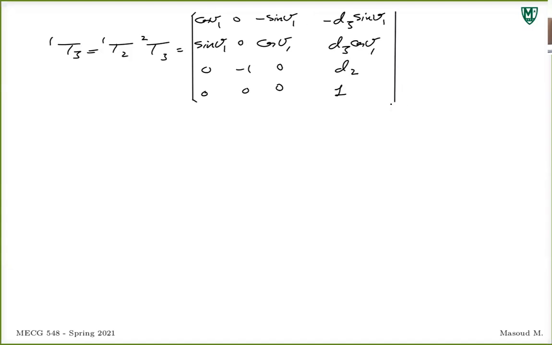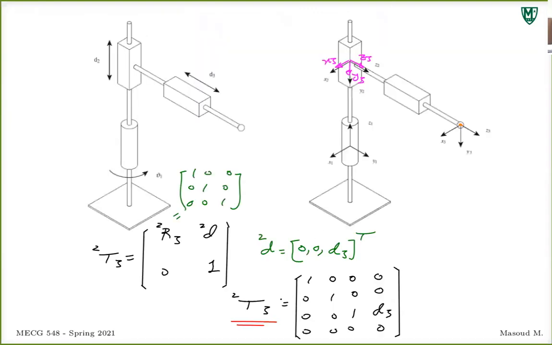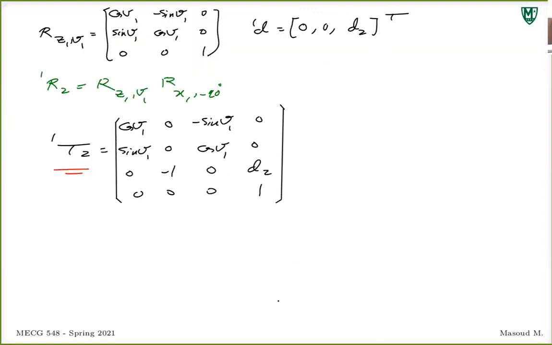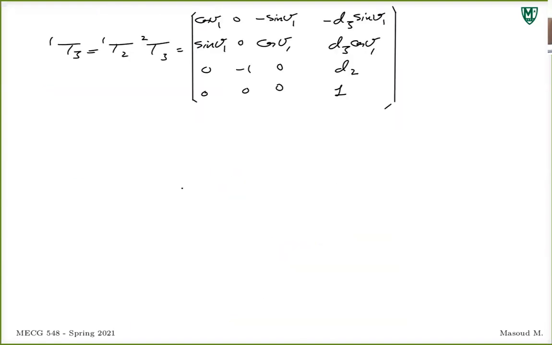Just do that operation, the multiplication, and make sure you can actually do it. This is T32, this is T21. You should get this, hopefully, if I did not make any mistake. I'm going to double check. I don't think so, but you can never be sure 100%. So life is about probabilities. All right, folks.